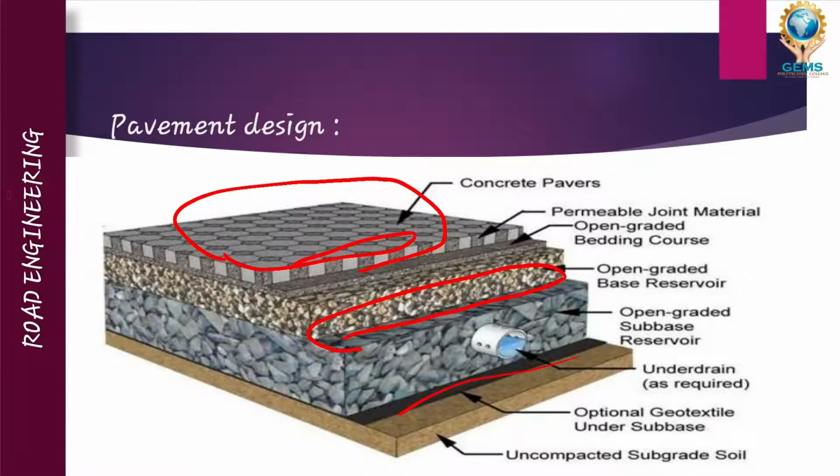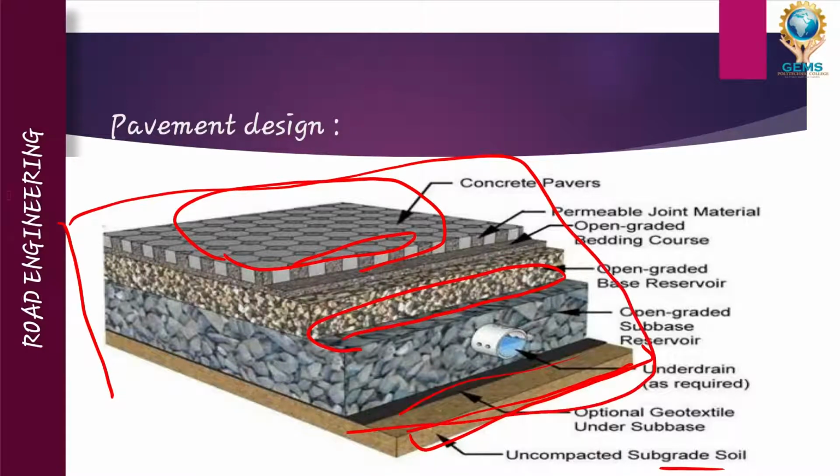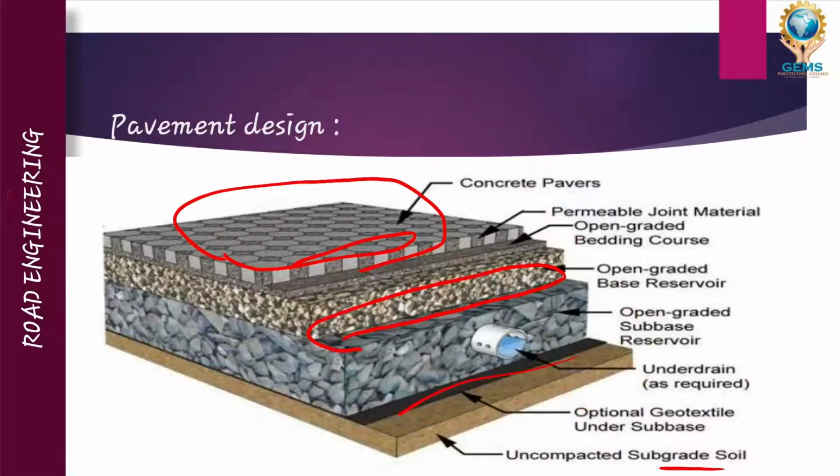And the last is subgrade soil, compacted subgrade soil. Naturally it will be compacted. These are the layers of pavement design, and it should be kept in mind what the layers are: subgrade soil, then grade, and after that the pavement layer will be done.